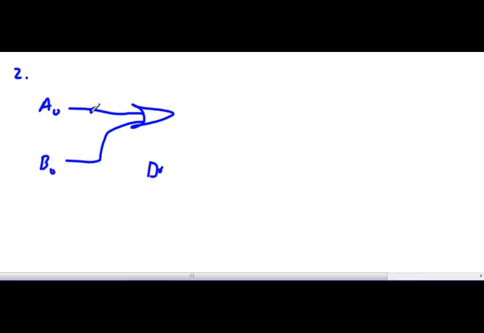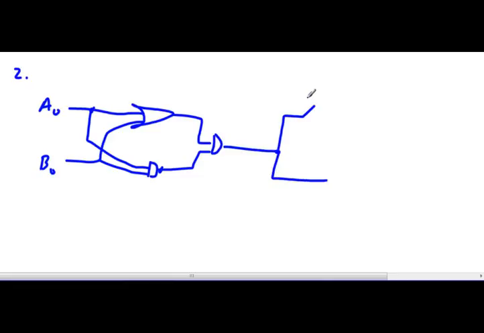And he comes in and he comes in, and I got something coming up here that looks like that, and that goes over there. All right, so I've got that guy there, and he comes over to there, and I want to know whether or not the summation is correct. Which one's the summation? Well, I can't really tell. It's not telling me. And whether or not the carry is right.